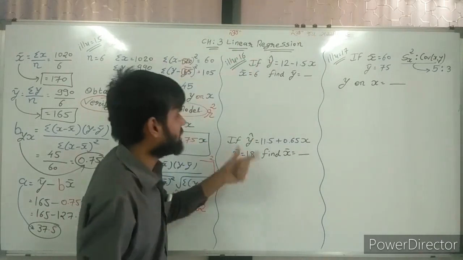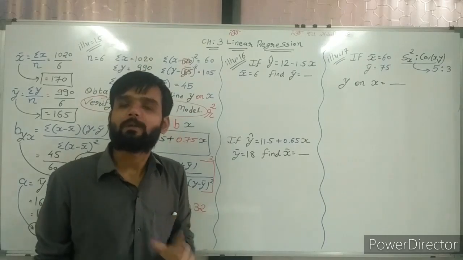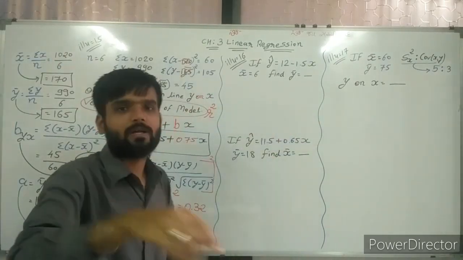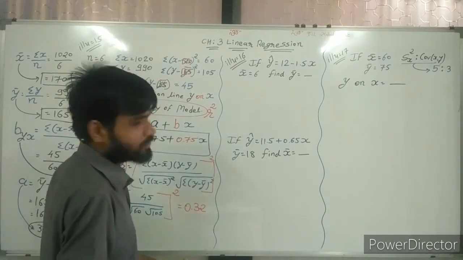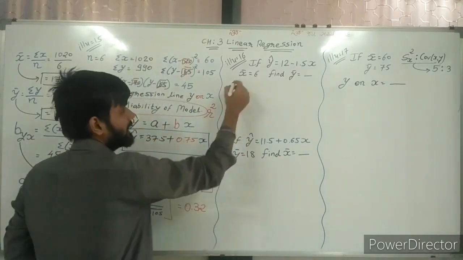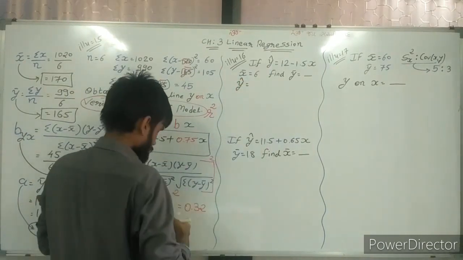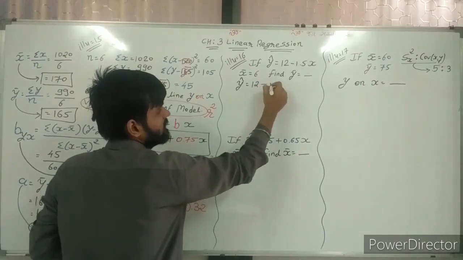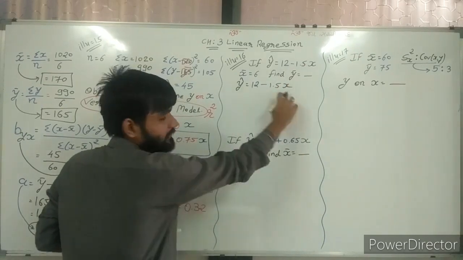In the same way, if we place the value of y bar here, we can find the value of x bar, because both are passing through one line. And that's why we can find it directly by using this equation. So see here, first of all writing y bar, y cap is equal to 12 minus 1.5x, that is given.